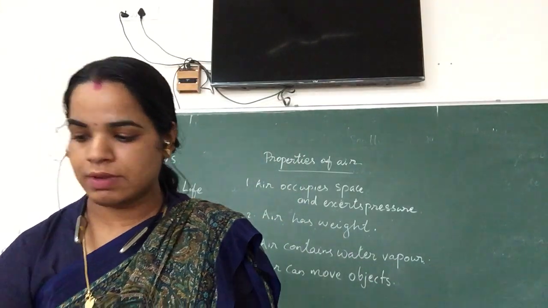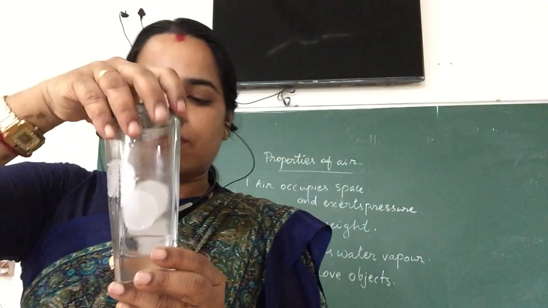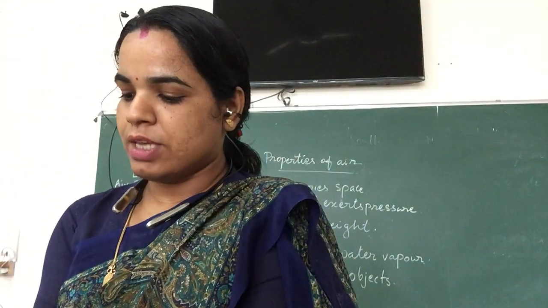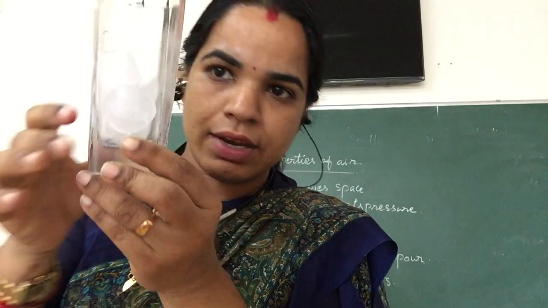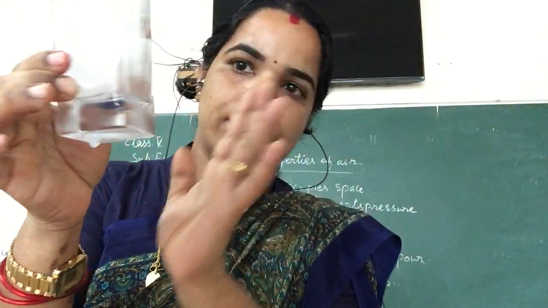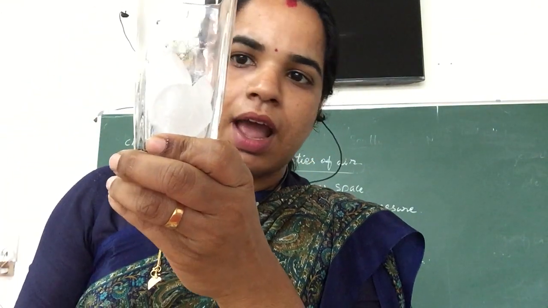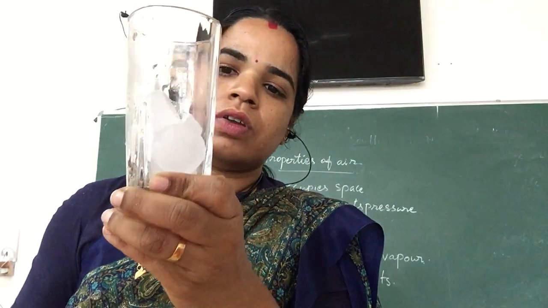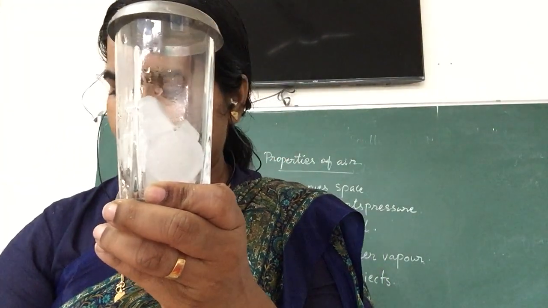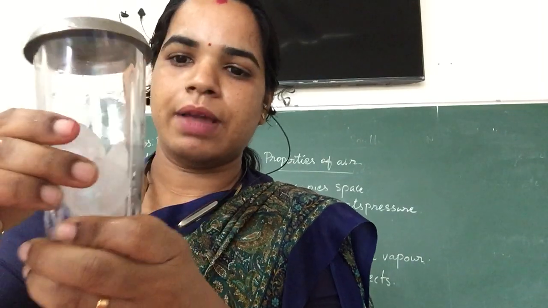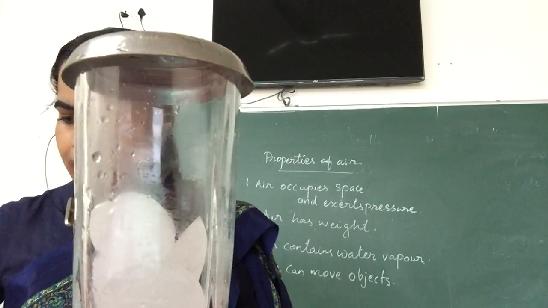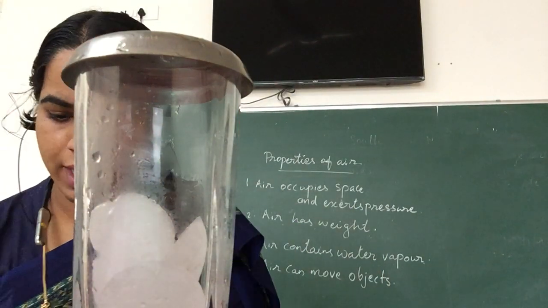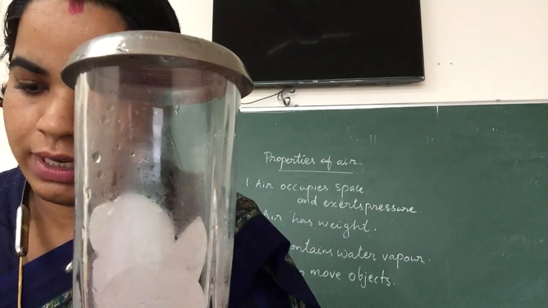For this, we take a glass and put some ice pieces into it. Then keep it here, and after a while you will see water droplets on the surface of the glass. I just rub it here, and it is clear now. Then I put the lid on and keep it here. What happened? We just have to check once. You can see the water droplets formed on the outside.